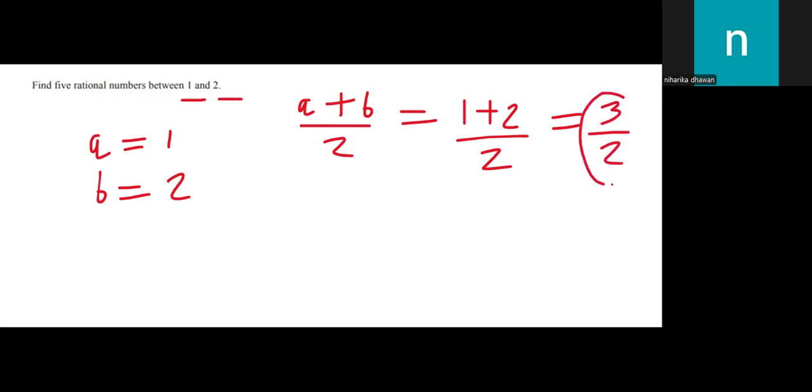So this 3 by 2 is a rational number which lies between 1 and 2. So now we have three numbers which are 1, 3 by 2 and 2.